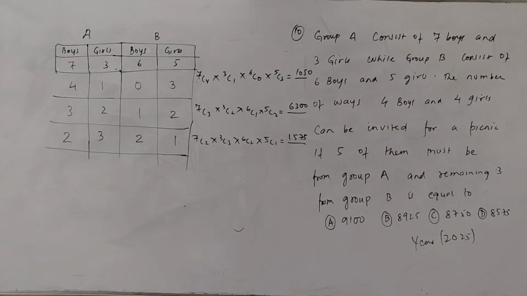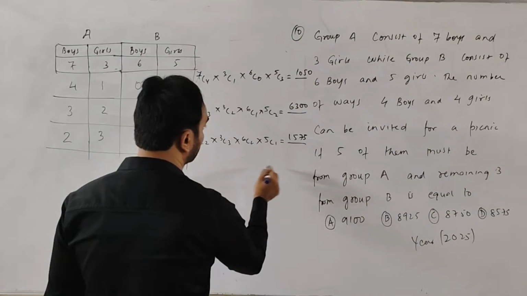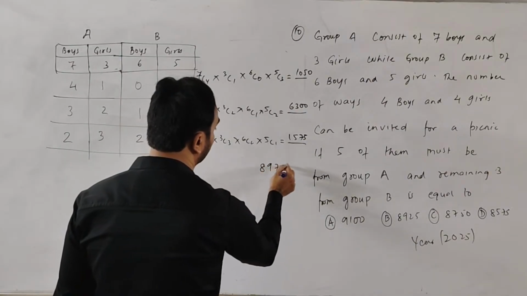Now add it and it will become 8975. When you add all these three, the final answer will come as 8975.